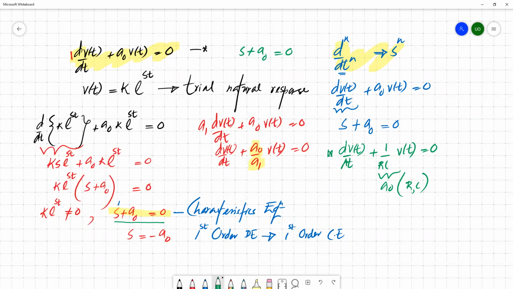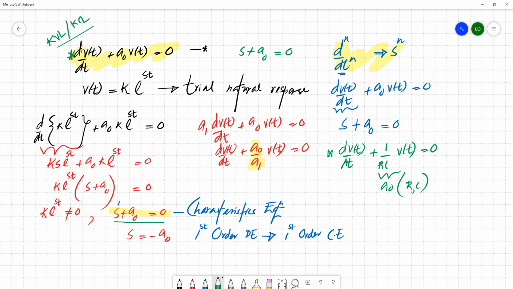Yes. Now we know how to obtain the differential equation. That means if you apply Kirchhoff's voltage law or Kirchhoff's current law, you can write a couple of equations and from those equations you can get a generic first order differential equation.